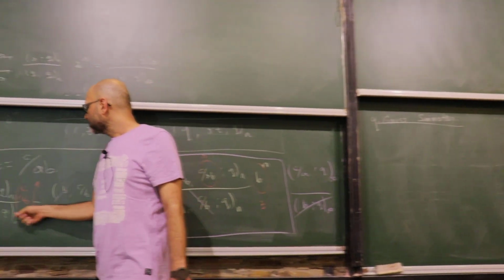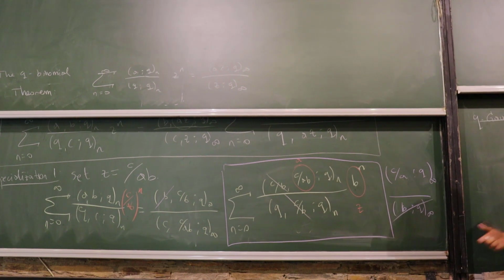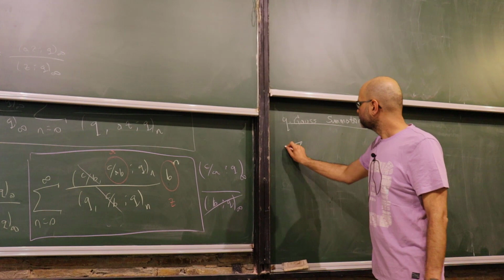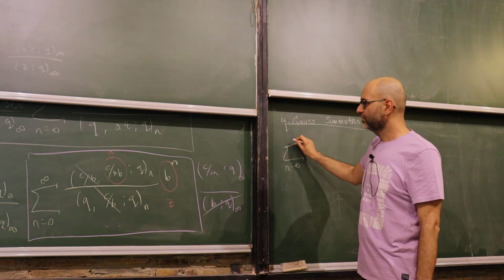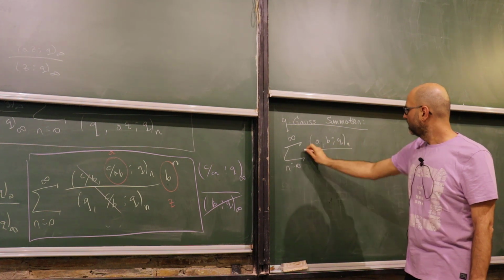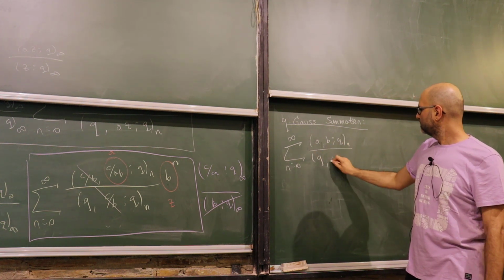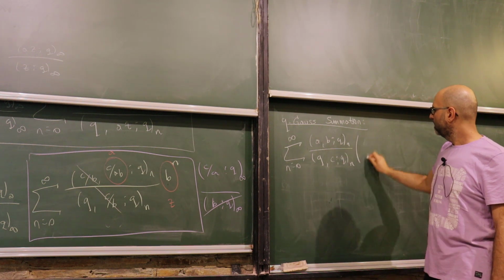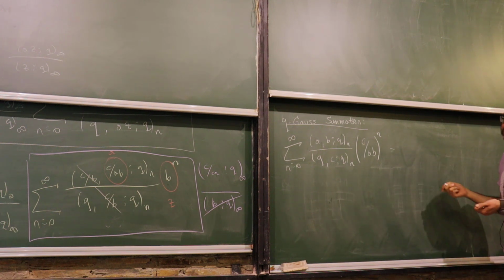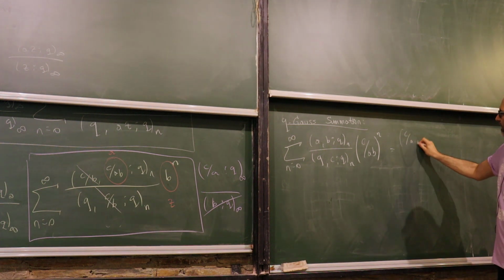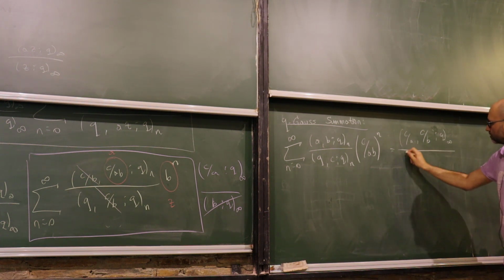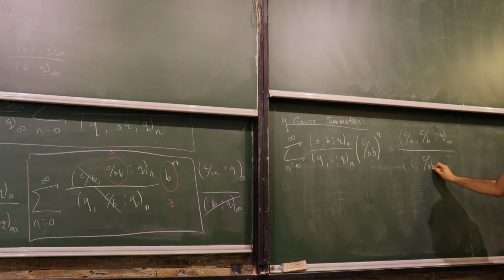If you want this series to converge, you require c divided by ab less than 1 in modulus, but I'm not going to write that down. It says from n equals 0 to infinity, a, b, q sub n divided by q, c, q sub n, c divided by ab equals a quotient of two infinite products, which are c over a, c over b, c over a times b.